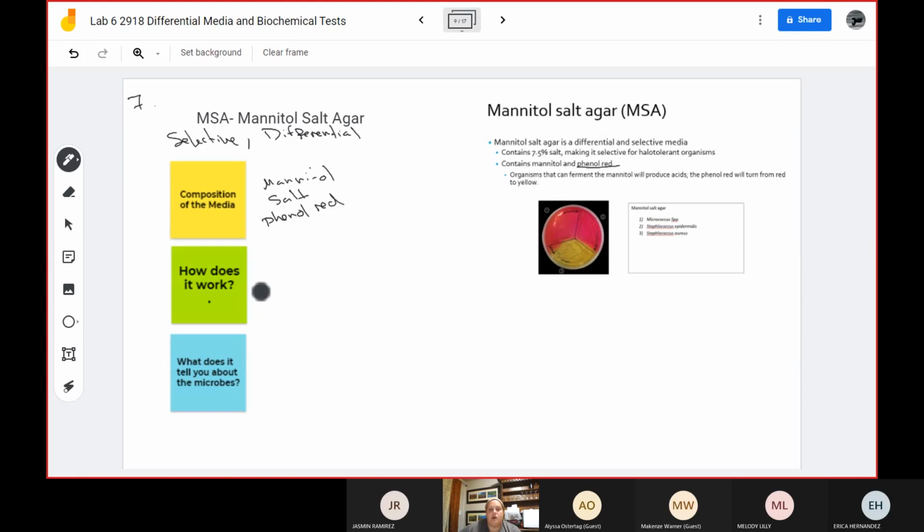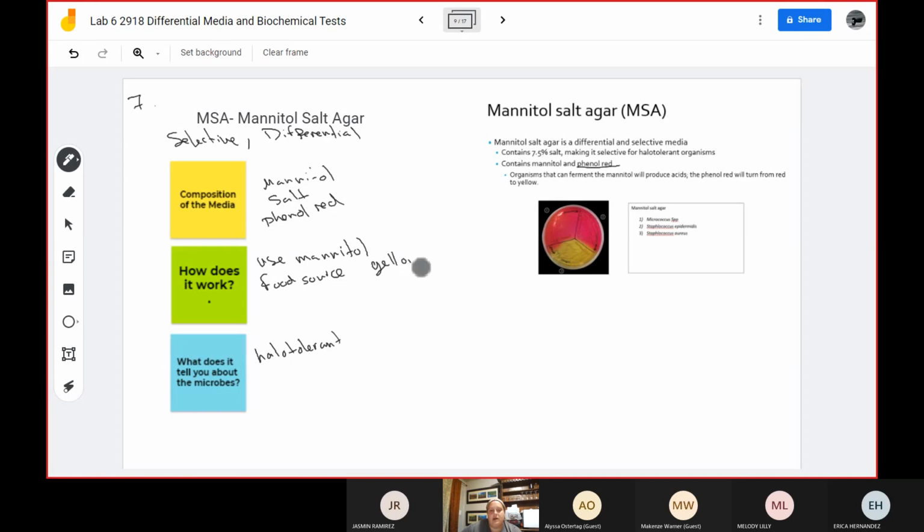How does this work? If a bacteria is able to grow on the salt plate, it tells us that it's halotolerant. And then if the bacteria is able to use mannitol as a food source, or as a carbon source, basically, if it is able to ferment mannitol, it will be yellow.